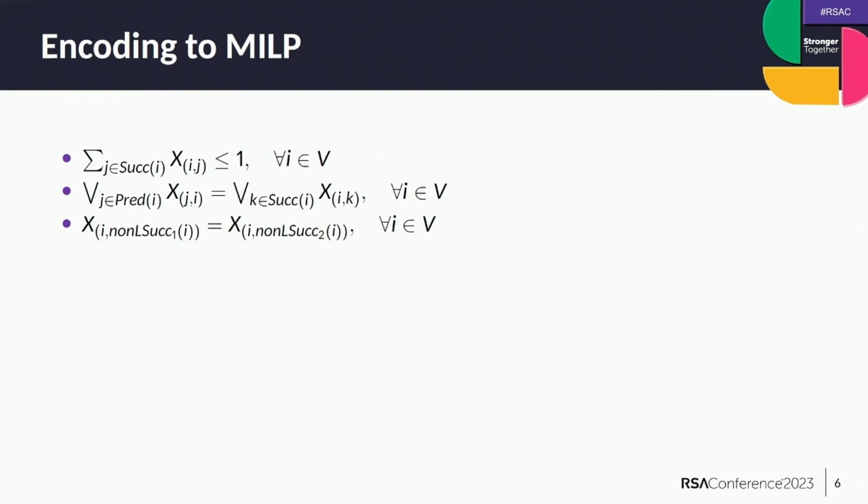Next, I will explain how to convert the graph into a MILP model to achieve automatic solving. The first constraint states that at most one outgoing edge can be activated for any node. The second constraint limits a trail must start from the root and end with a leaf node.